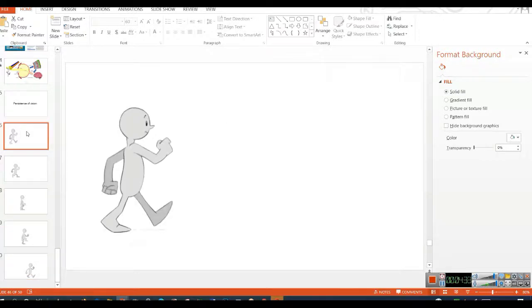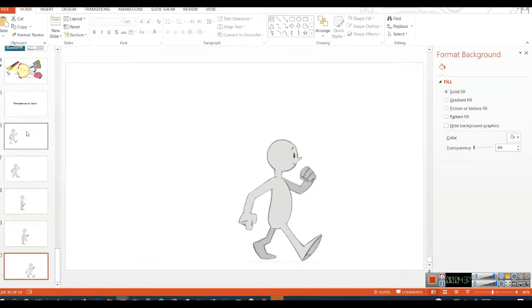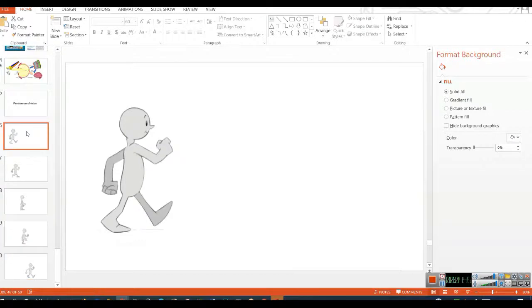I'll make it again a little faster, right? We get a feeling of motion when we run these slides a bit fast. And why does it happen? It doesn't happen when we run it very slowly.